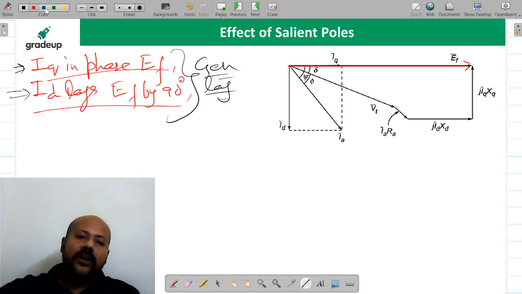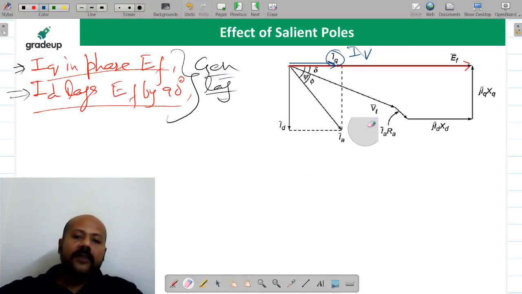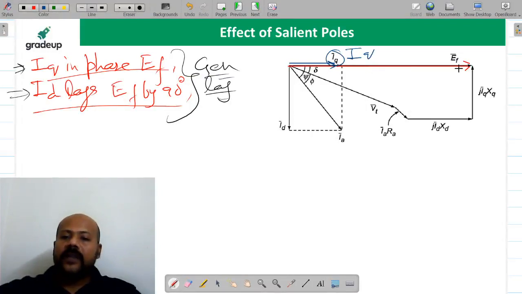Now I have told you that IQ is going to be in phase with EF. So beta, you draw this; this is going to be IQ. This is IQ in phase with EF.